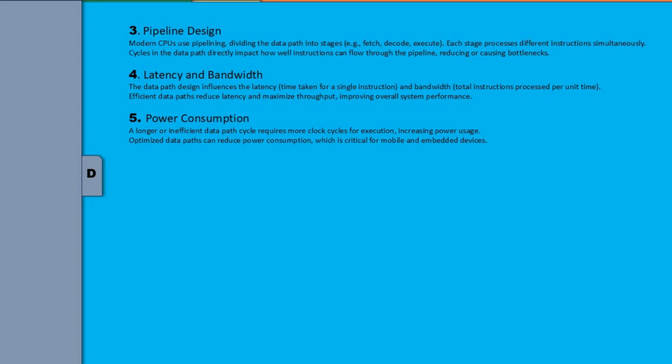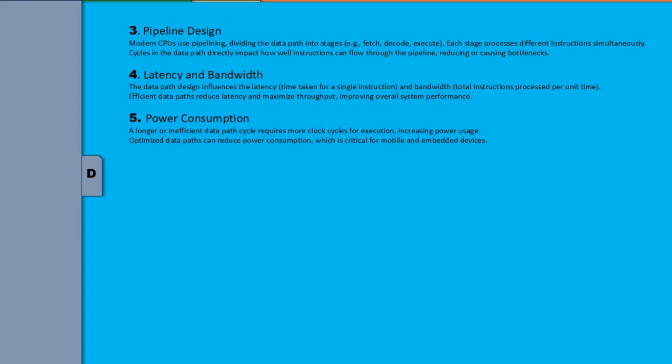3. Pipeline design. Modern CPUs use pipelining, dividing the data path into stages. Example, fetch, decode, execute. Each stage processes different instructions simultaneously. Cycles in the data path directly impact how well instructions can flow through the pipeline, reducing or causing bottlenecks. 4.